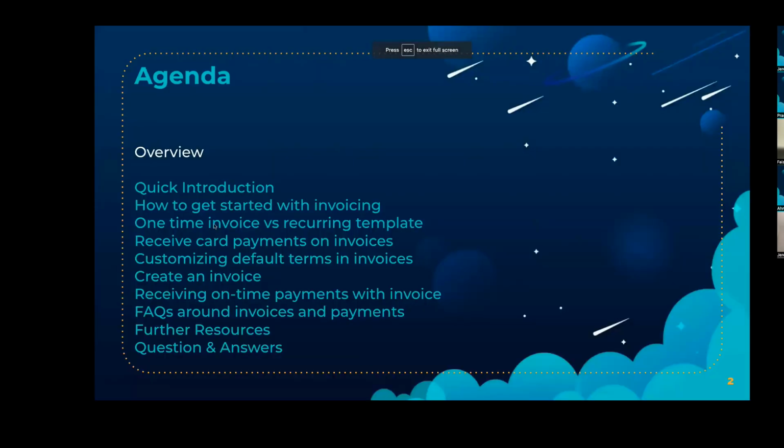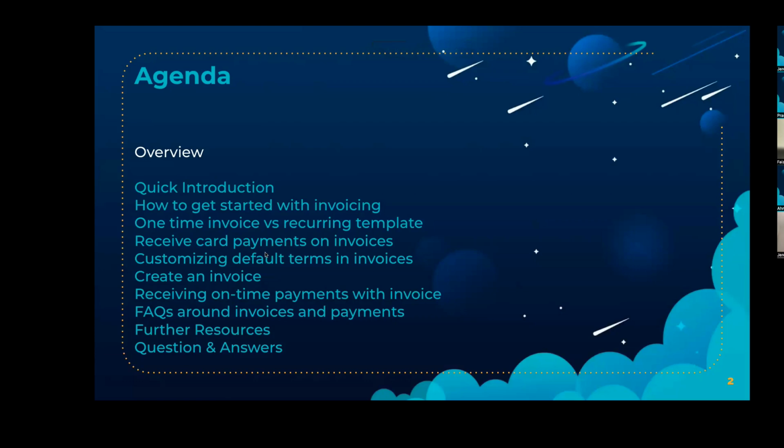Got it. So yeah, I can start off with setting the agenda. We'll start with how to get started with invoicing. What are the requirements to get started with invoicing? Then we have two functionalities, one to create a one-time invoice, as well as to create a recurring template, which will basically send out invoices at scheduled frequencies.